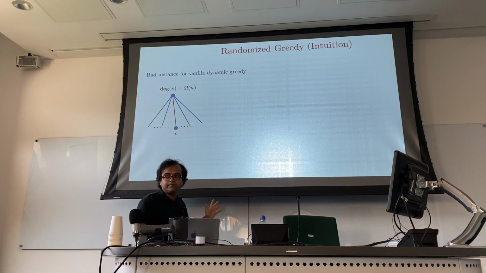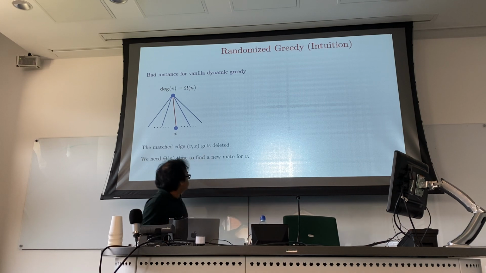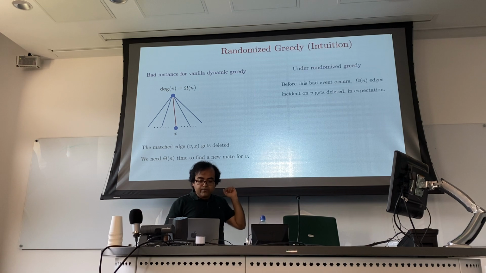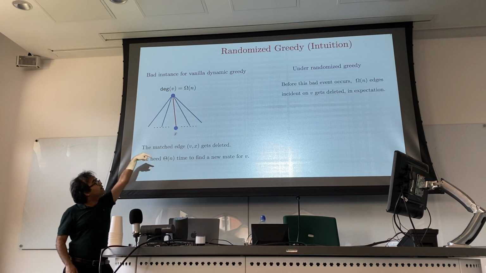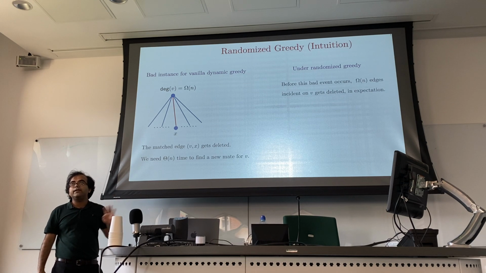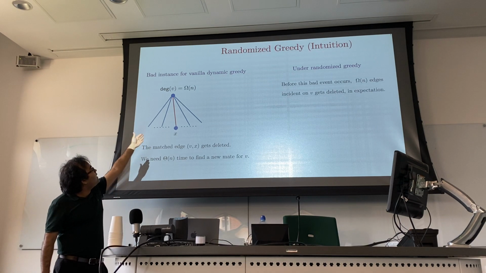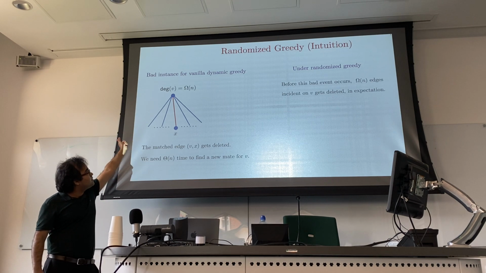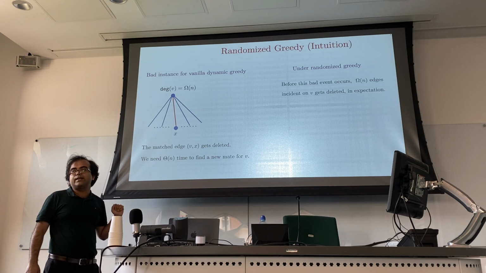That's the bad case. When you are doing randomized greedy, this bad event that this red edge gets deleted will occur very infrequently, because roughly speaking, V is picking one of its incident edges uniformly at random to match itself to.